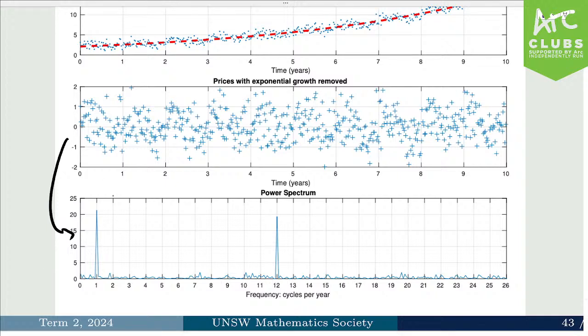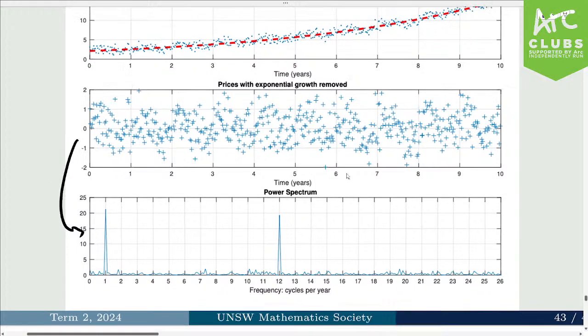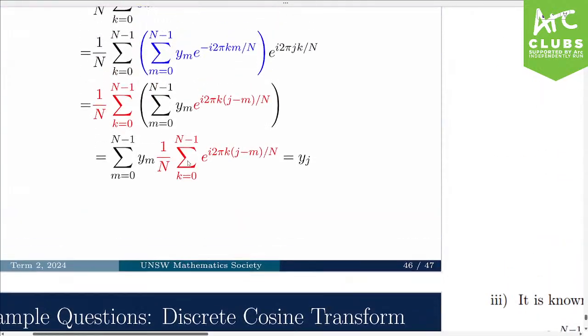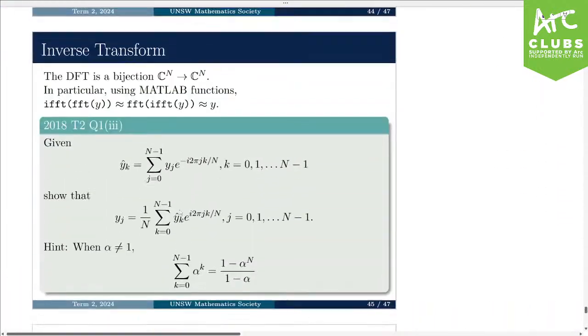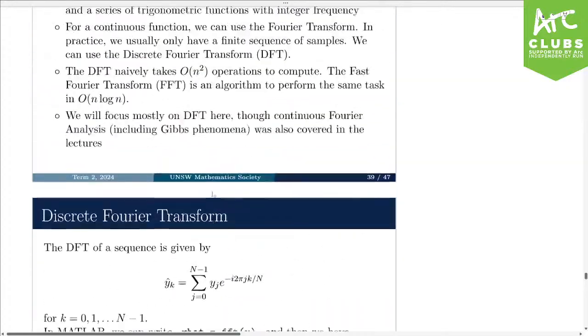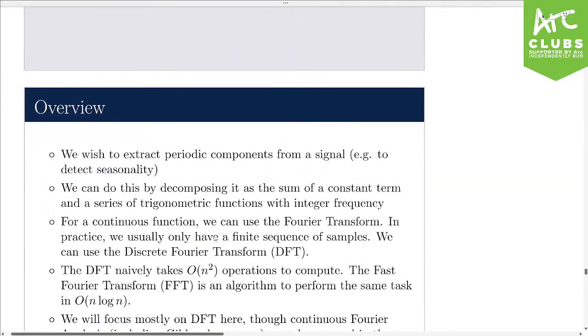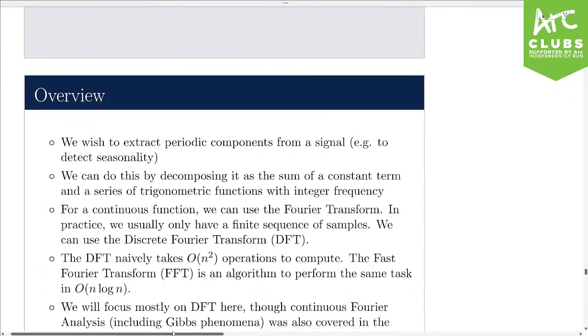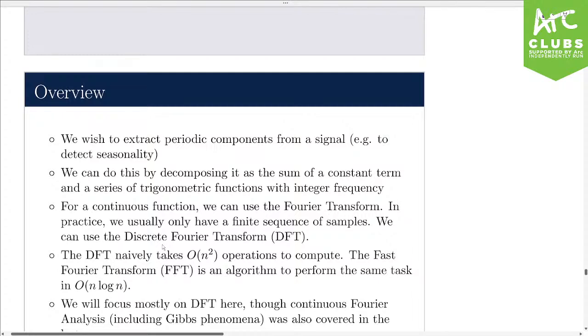So here there's a periodic component of 1 cycle per year and also 12 cycles per year. So this is kind of analogous to, in music, if you hear a chord, decomposing that into the individual notes the chord is made up of.